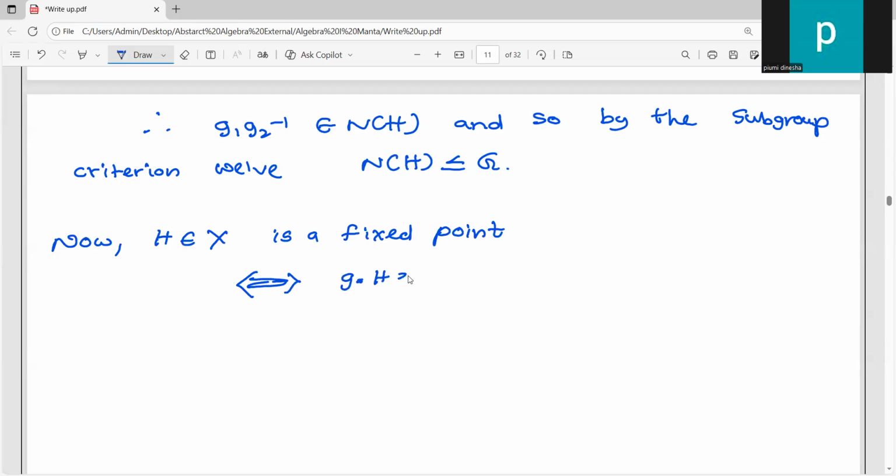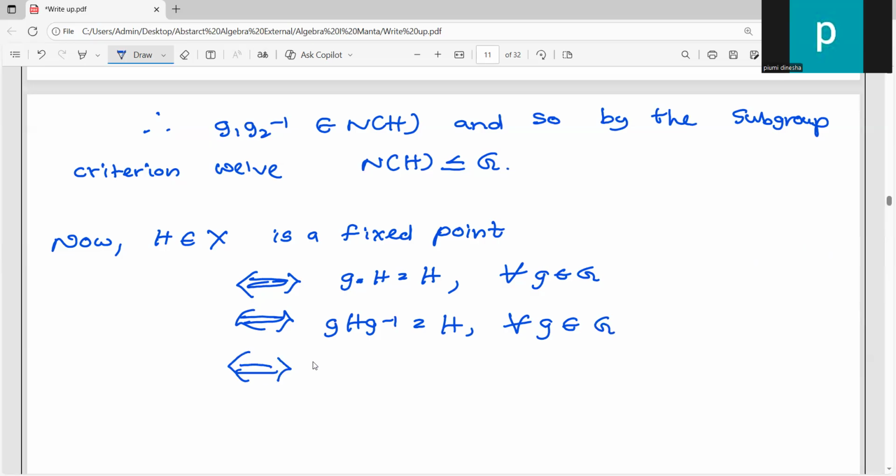G dot H is equal to H for all G in G. If and only if, by definition of the group action, G H G inverse equals H for all G in G. And we know that this simply means, by definition of a normal subgroup, H is a normal subgroup of G. We have done certain equivalent statements for a normal subgroup in a group.